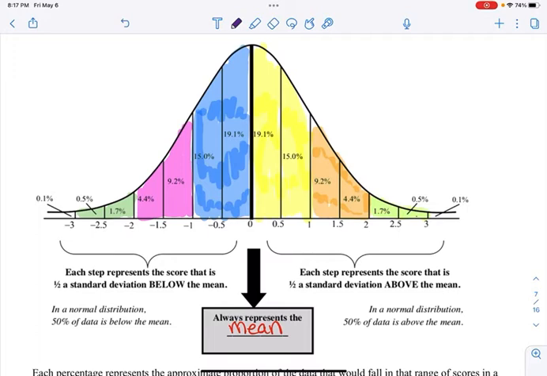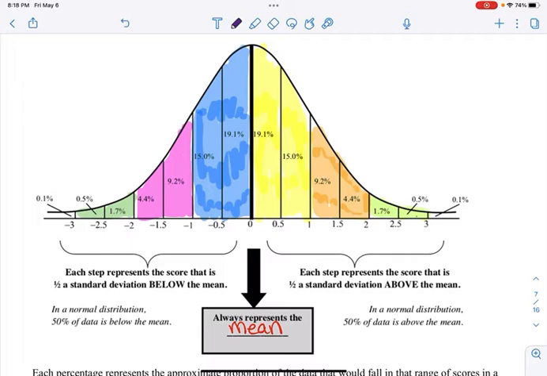So together, the two blue steps right there are 1 standard deviation below the mean. And then the two that I have highlighted in pink are another half and a half, so that would be 2 standard deviations from the mean. And then I have the 2 green on the tails right there. We call those ends the tails.